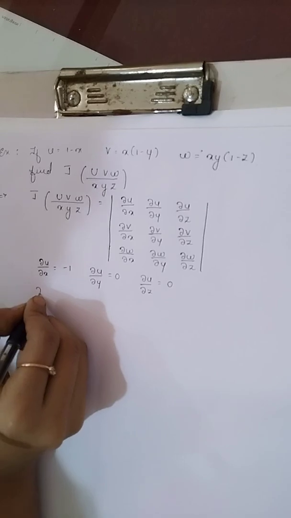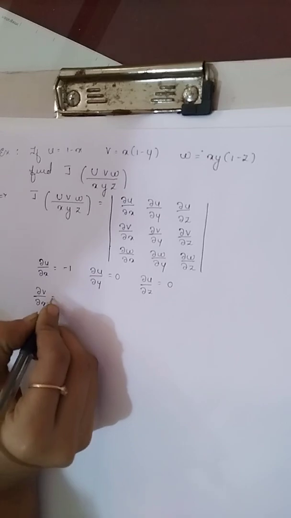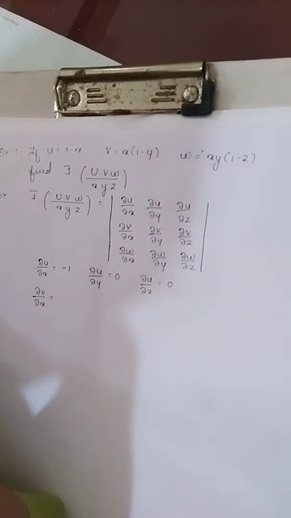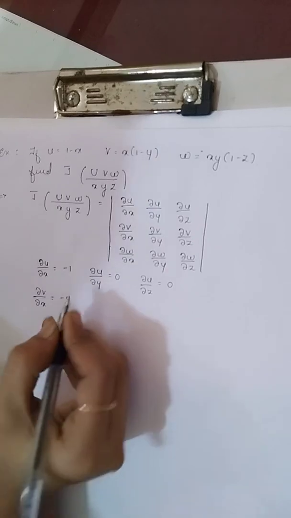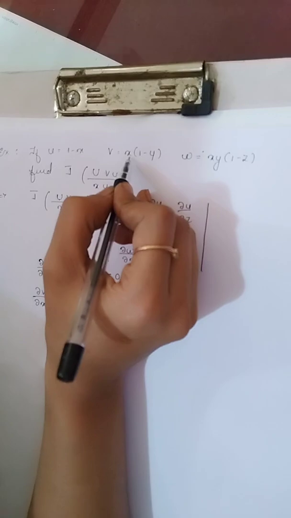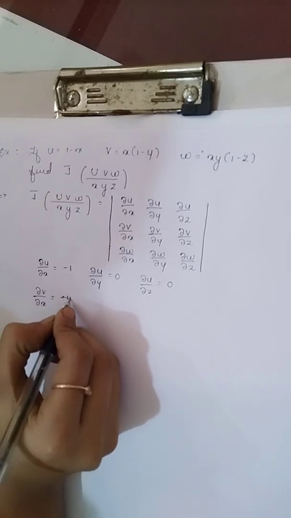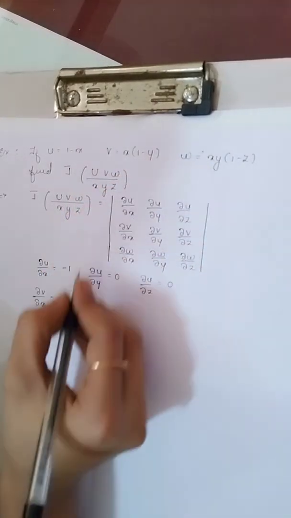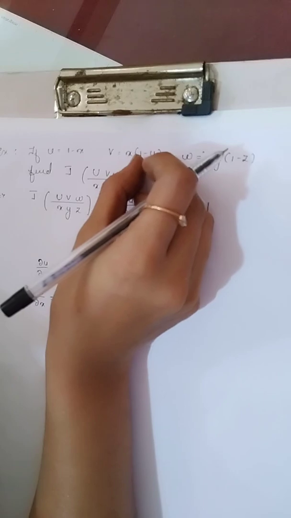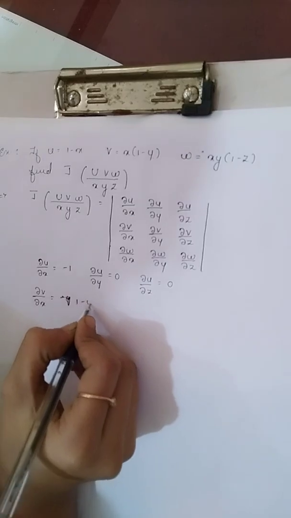Next, differentiate the v term partially with respect to x, y, z. So dou v by dou x can be written as 1 minus y, because v is equal to x into the bracket 1 minus y. Keep 1 minus y as a constant term and the differentiation of x will be 1, so its value will be 1 minus y.